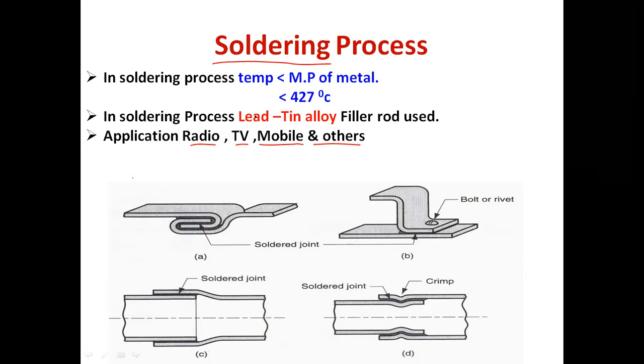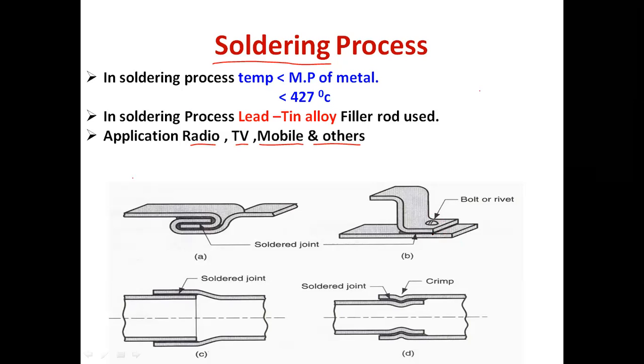That means, as we have seen during the soldering process, if you are not satisfied with the joint of the two parts you joined by soldering, you can desolder the parts. So this is the advantage of soldering. Now the limitation is that manual soldering requires skill.